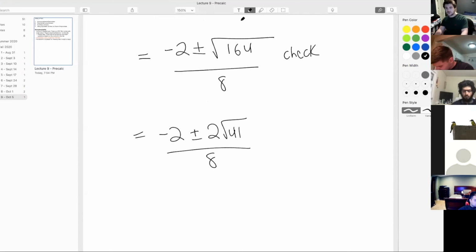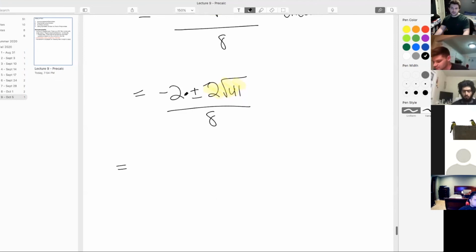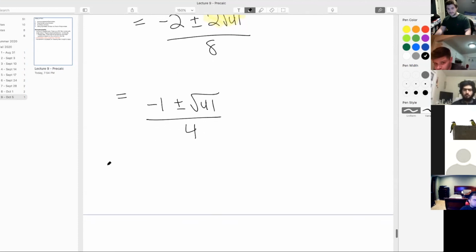So the square root of 164 can be simplified as 2 times the square root of 41. Factor a 2 out from the numerator and cancel with the 8 in the bottom. You will get -1 plus or minus the square root of 41 over 4. Okay, so those are our roots.